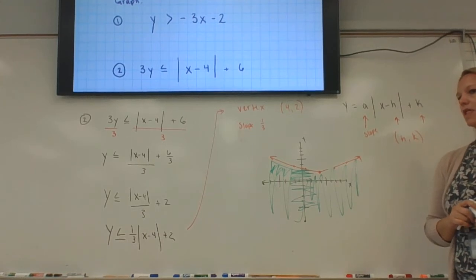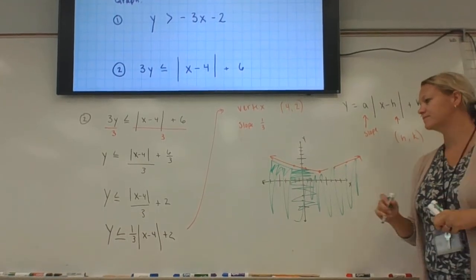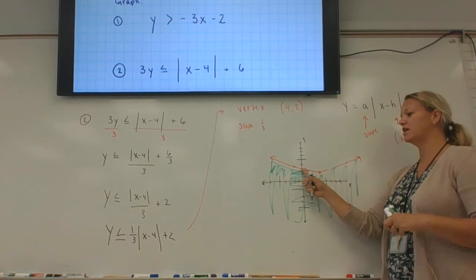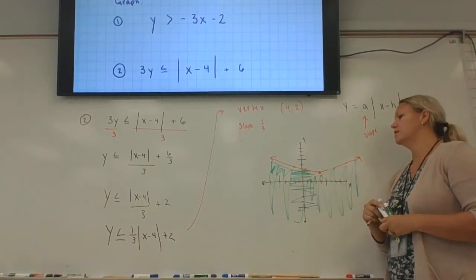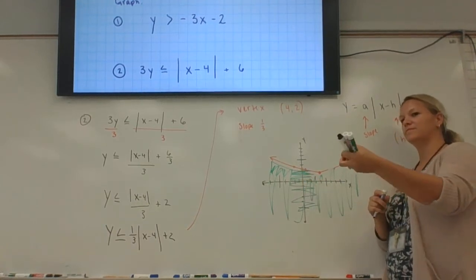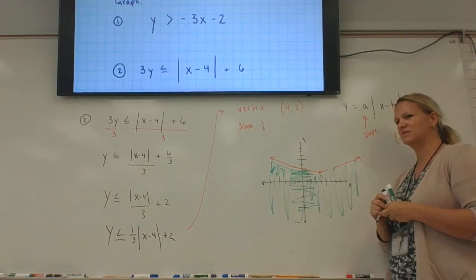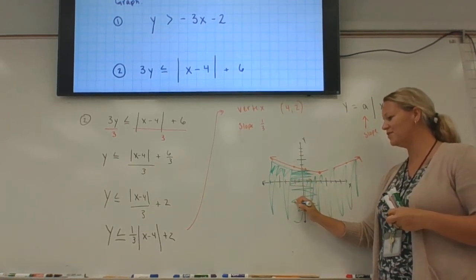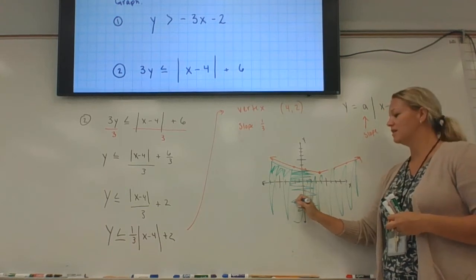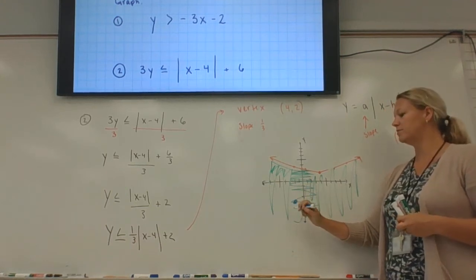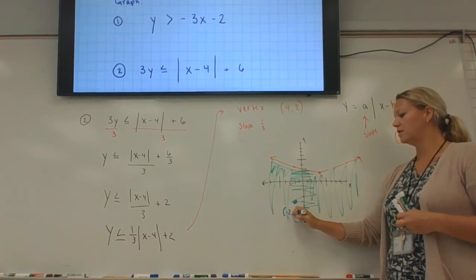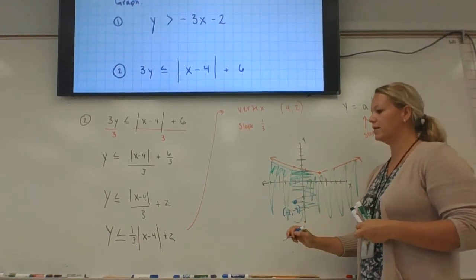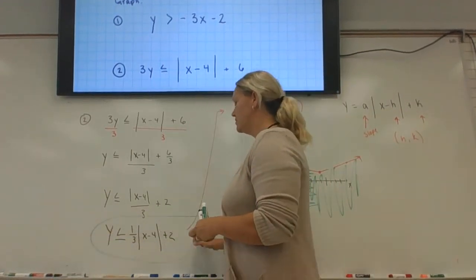Okay, which one? This one right here. Let's not pick one right on the line. Alright, let's try plugging in -2, -4. This is shaded, so it should be true. We're going to plug it in here and see if it's true.